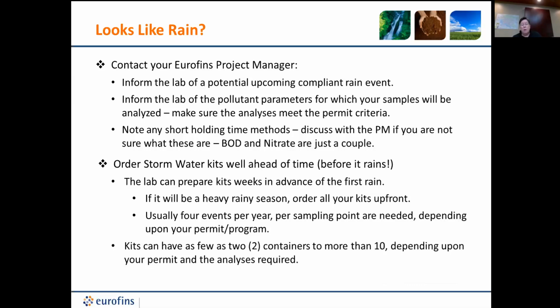And if it's going to be a heavy rainy season like it was a couple of years ago, we recommend that you order all your kits up front and just have them ready to go. In general, 4 events per year, per sampling point are needed, depending on your permit and program. And kits can have as few as 2 containers or more than 10, depending upon your permit. So giving us a heads up allows us to have the supplies on hand, get the kits prepared, and get them out to you.